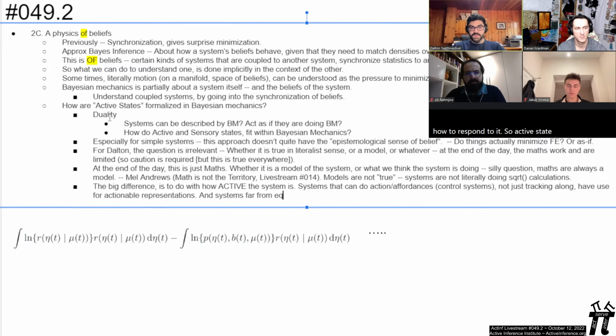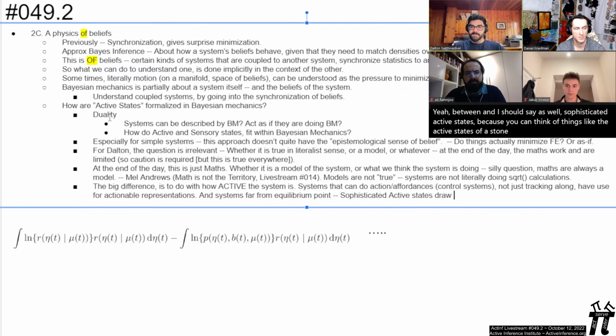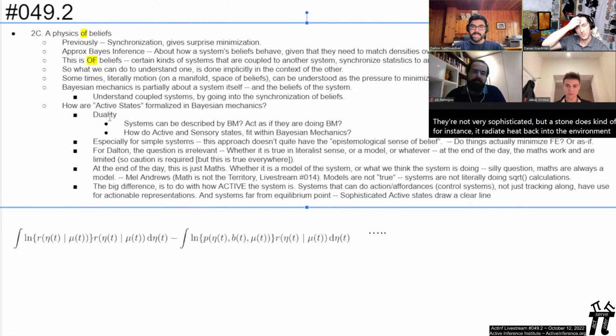So active states do draw a pretty clear line between, and I should say as well, sophisticated active states, because you can think of things like the active states of a stone. They're not very sophisticated, but a stone does, for instance, irradiate heat back into the environment. So that is an action.